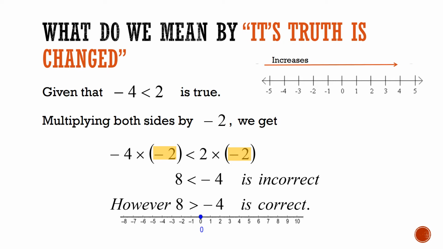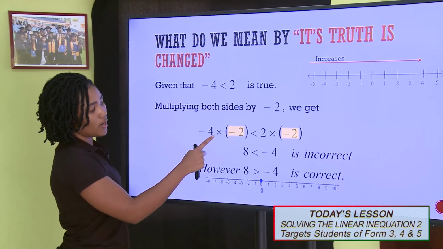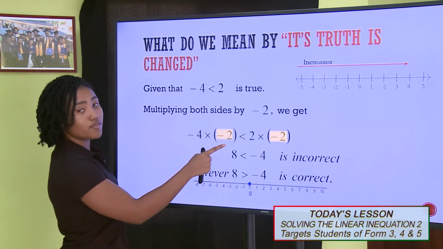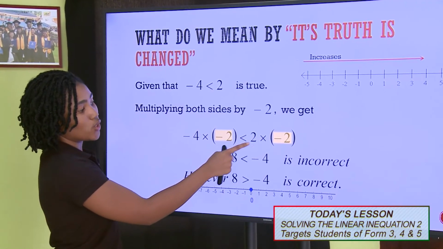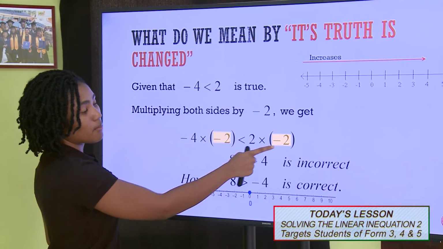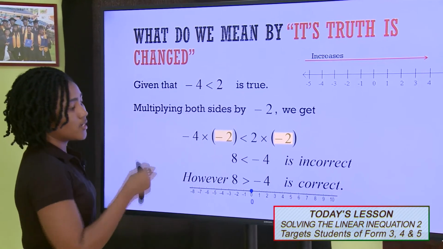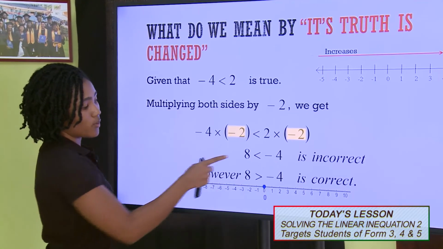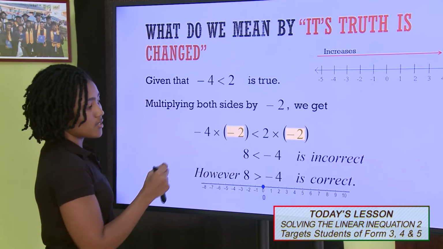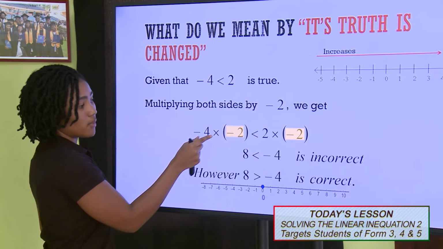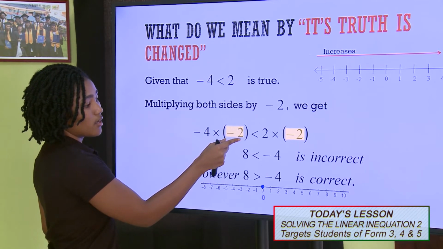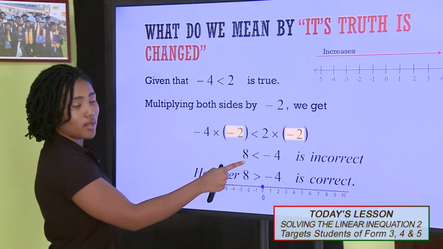So by multiplying both sides by negative 2, we get negative 4 multiplied by negative 2 is less than 2 multiplied by negative 2. Now when we simplify this, we get 8 because a negative number multiplied by a negative number produces a positive number.